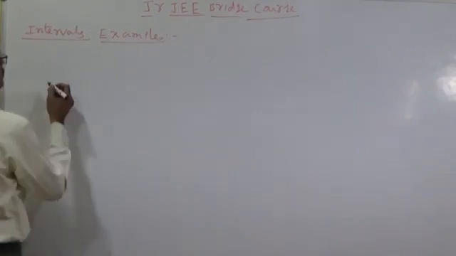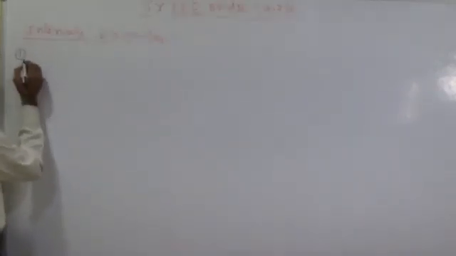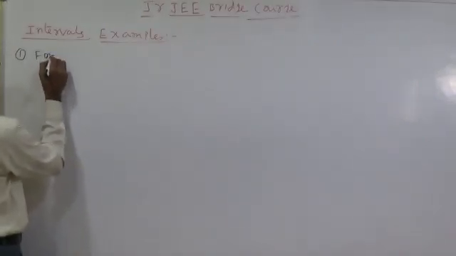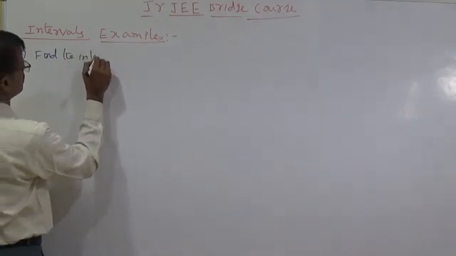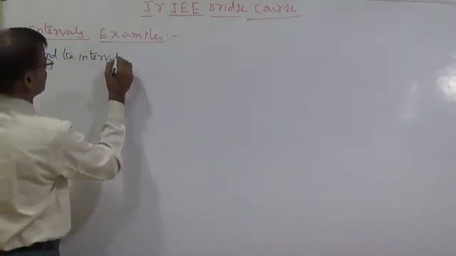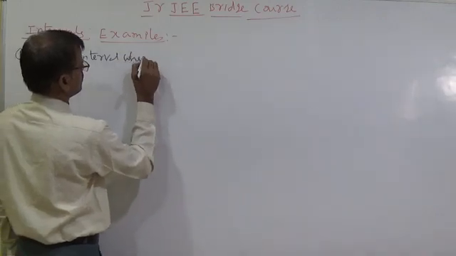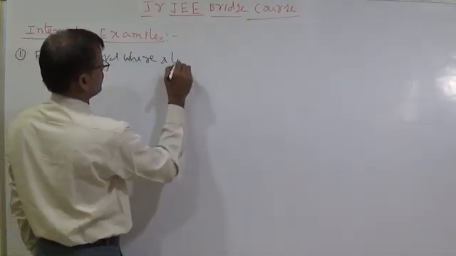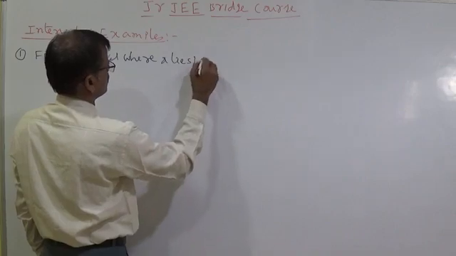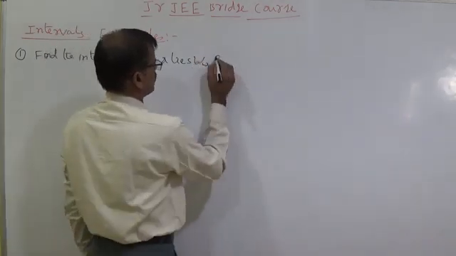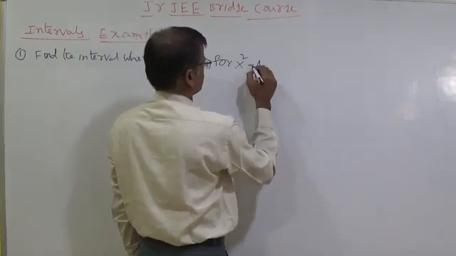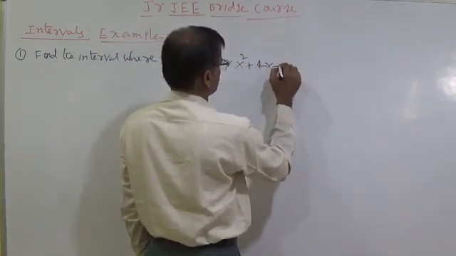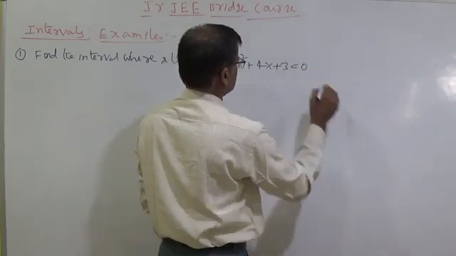Let us write the first question. Find the interval where x lies, for x square plus 4x plus 3 less than 0.